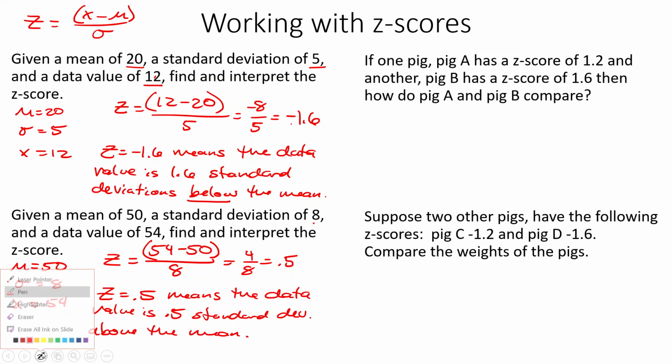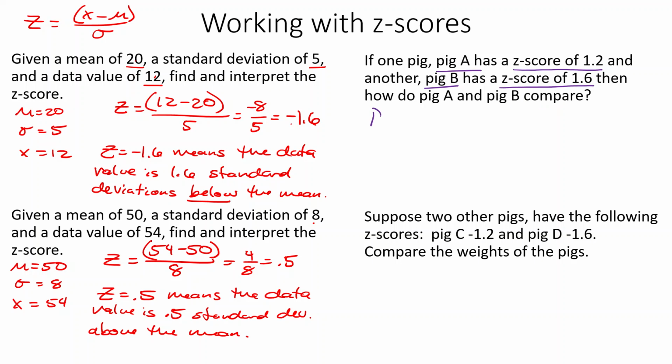All right, switch colors up here. All right, next one over here. So one pig, pig A, has a z-score of 1.2, and another pig, pig B, has a z-score of 1.6. How do the pigs compare? I believe originally when I was writing this problem, I was talking about the weight of two pigs. But let's just say how do the two pigs compare?